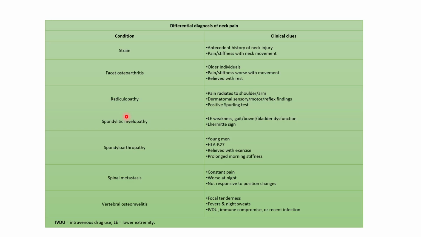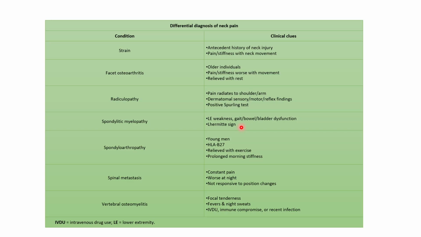It is called Lhermitte sign. And check whether there is lower extremity weakness, bowel bladder involvement, or gait dysfunction. In myelopathy you get these features: bowel bladder involvement, gait dysfunction, weakness, and Lhermitte sign.